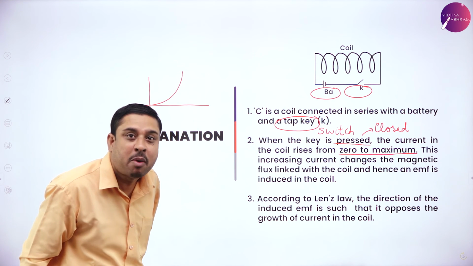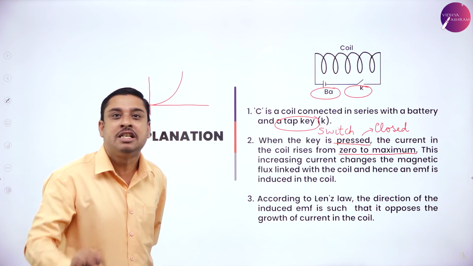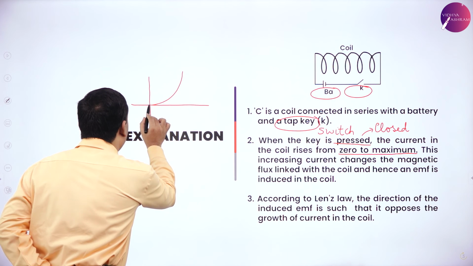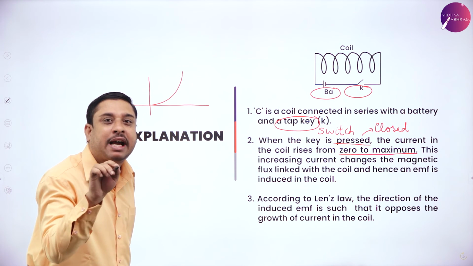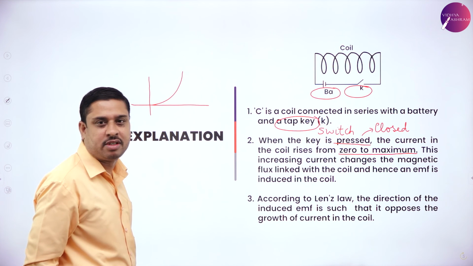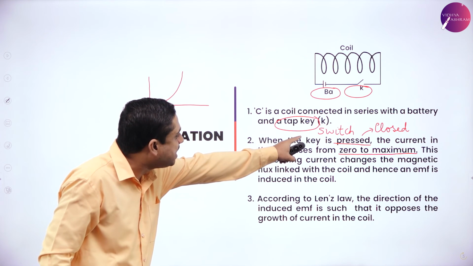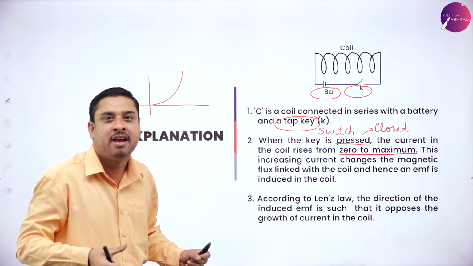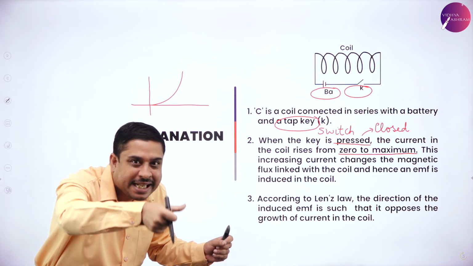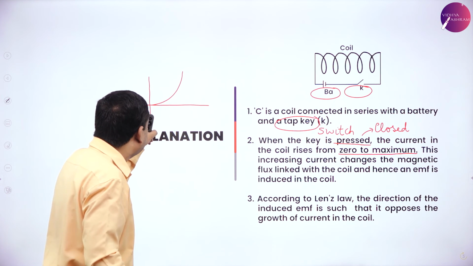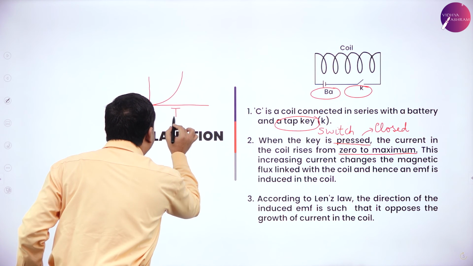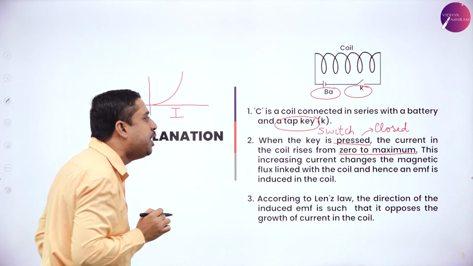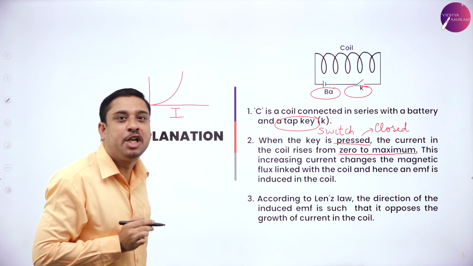Before you press the key, what was the magnitude of current in this circuit? 0. There was no current flowing through the circuit. But the moment key is pressed, that is, if the key is closed, the moment the circuit is closed, the current increases slowly from 0 to a maximum value.